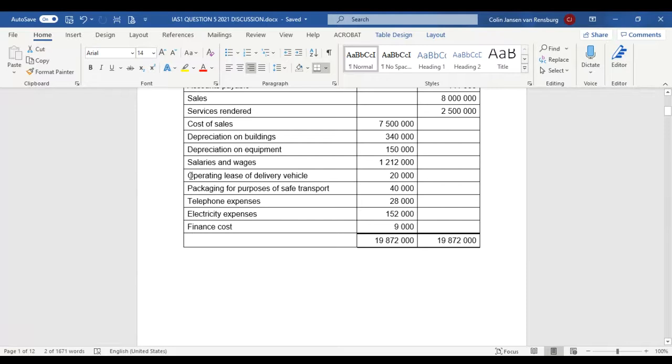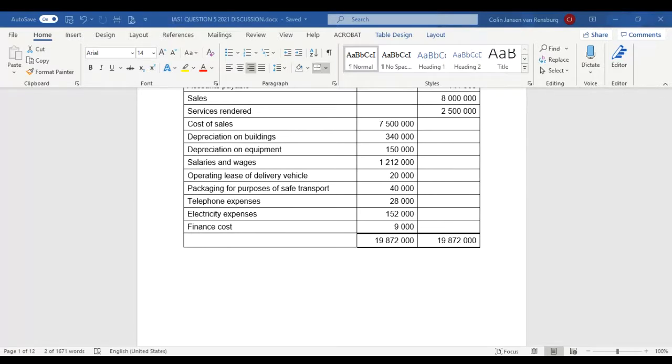So the next expense is the operating lease on delivery vehicle, right? Now maybe this is a good example. Ladies and gents, I know that they tell us something about the operating lease of the delivery vehicle in the additional information. But let's say, for instance, there was no information in the additional information.